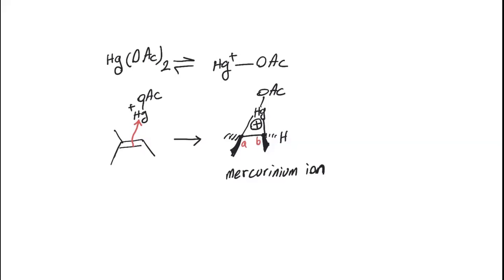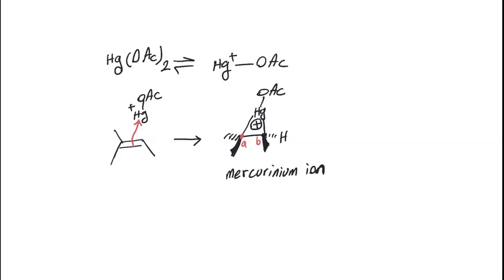Tertiary. And how about B? Secondary. Carbon A is bonded to 3 other carbons, so it is tertiary. Carbon B is bonded to 2 other carbons, so it is secondary. And we know that a tertiary carbon stabilizes the positive charge more than secondary. So actually there is more partial positive charge on A.